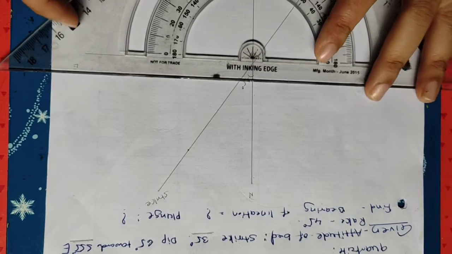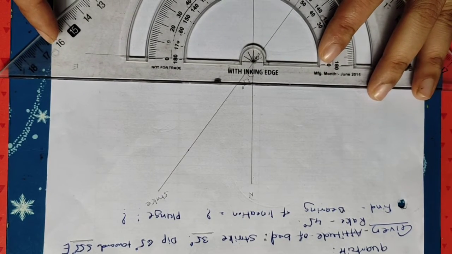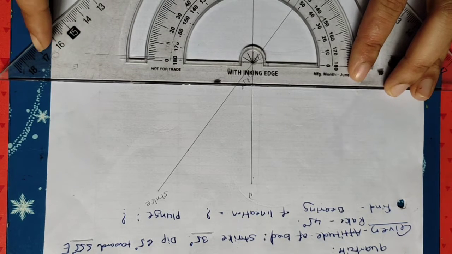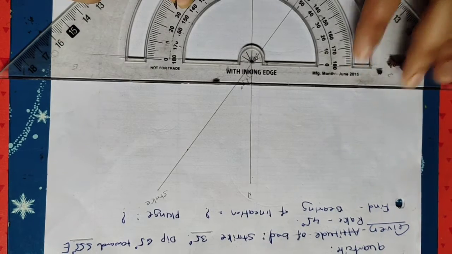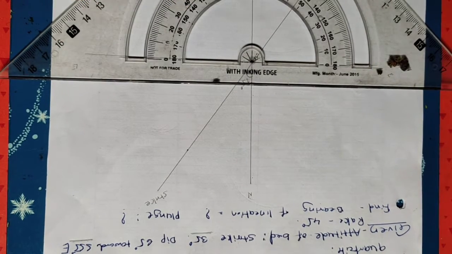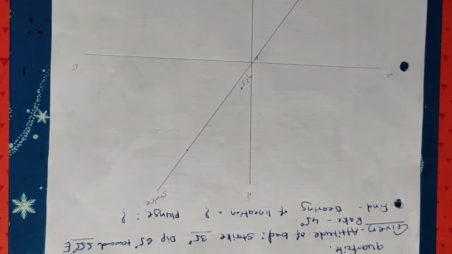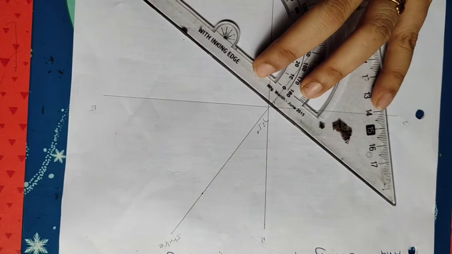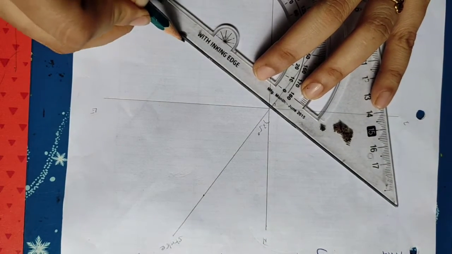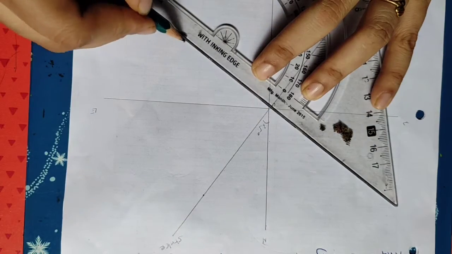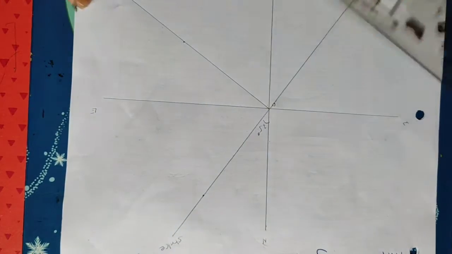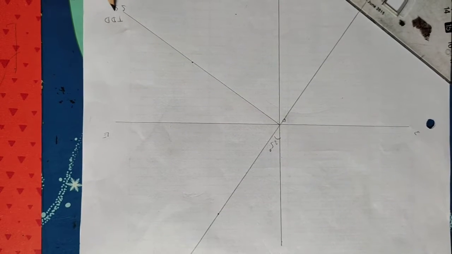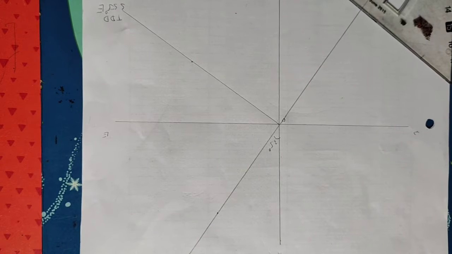It is exactly perpendicular to the strike, but still we can go with it. South 55 degrees, which is perpendicular, so this becomes the true dip direction of south 55 degrees east.